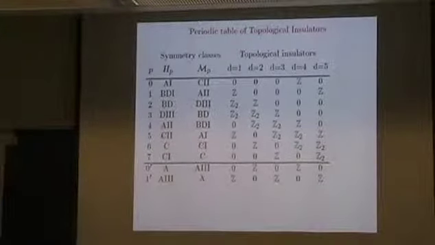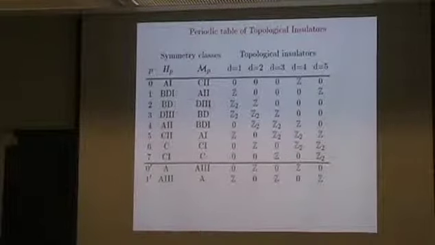So, for example, in 2 dimensions this Z corresponds to class A. This is the quantum Hall effect. This Z2 corresponds to class AII in 3 dimensions. These are the usual topological insulators, and so forth.